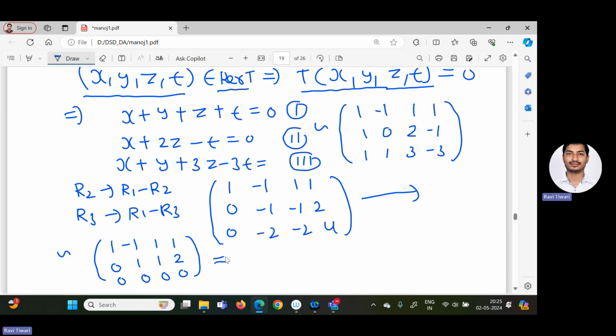Now again from the given matrix we can convert into a system of linear equations. So how will you convert into a system of linear equations? So we can write x minus y plus z plus t equal to 0. This is our first equation.